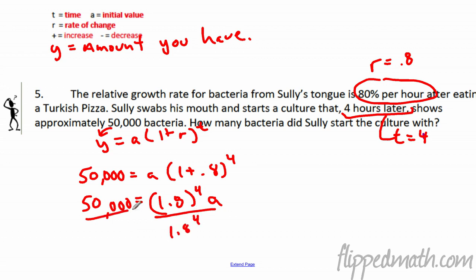I have no idea what that number is off the top of my head, but your answer is going to be A equals 50,000 divided by 1.8 to the fourth power, and that should give you somewhere in the realm of 4,763 bacteria. That is approximately what A would equal, so that's what you're starting with.